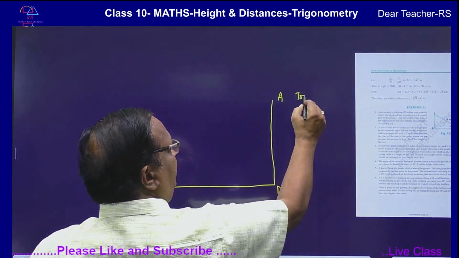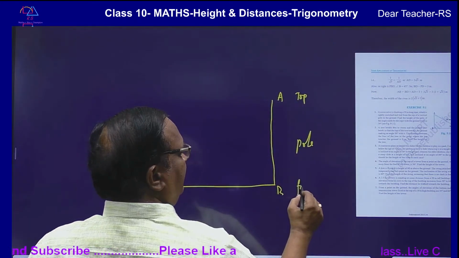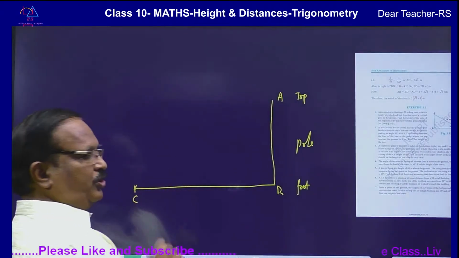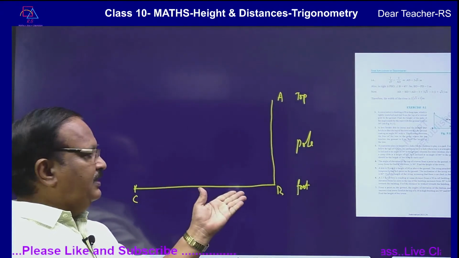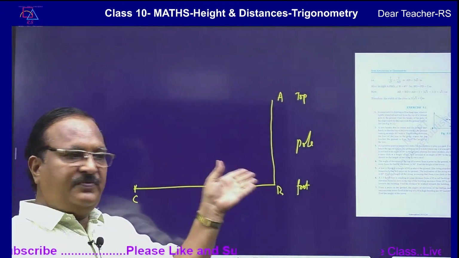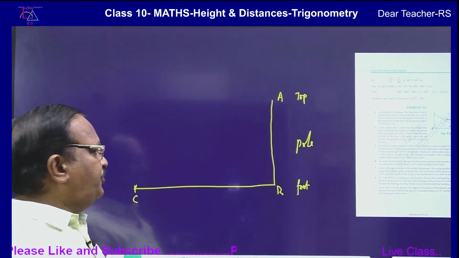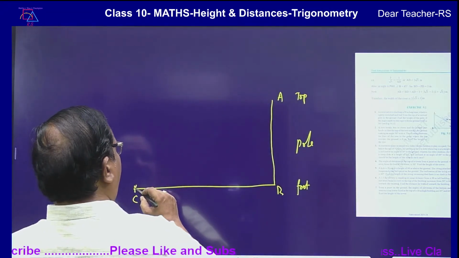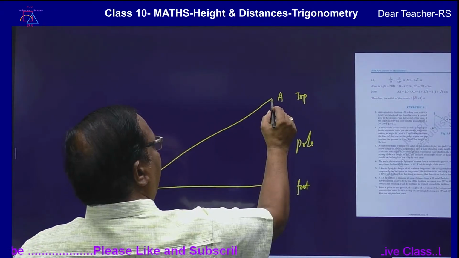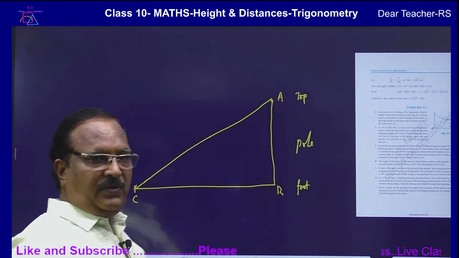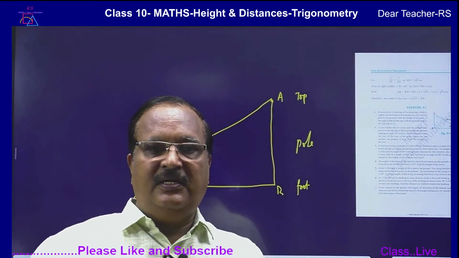So this observer can see both. Because observer is there on the ground, there is no need of observing the foot of the tower. Usually he will observe the top of the tower like this. Okay, this CA we call is a line of observation.